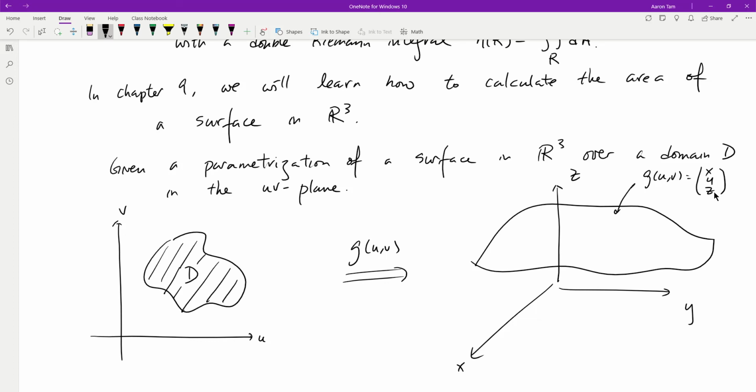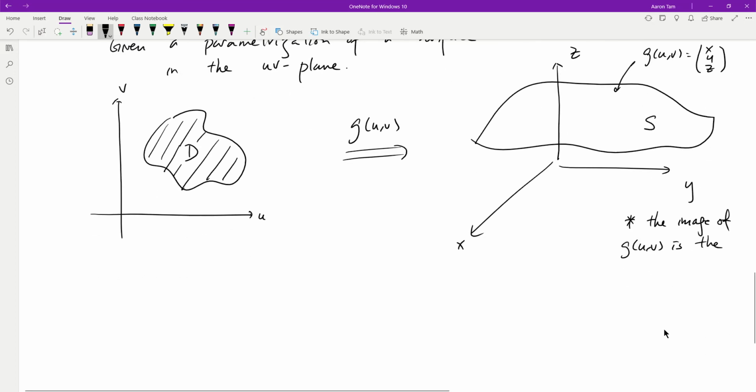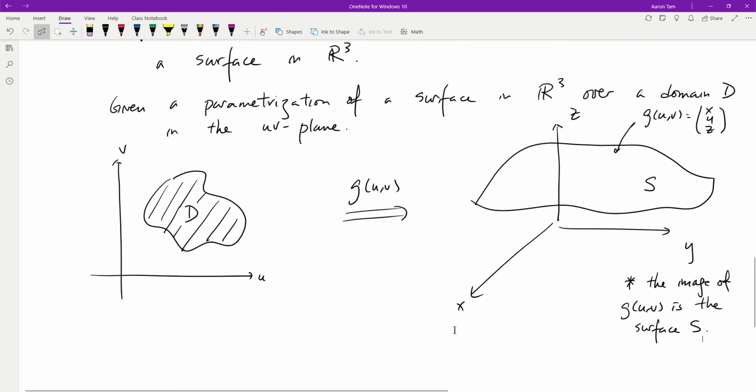So now the question is, if I want to find the area of the surface over here, how do we calculate that? I'm going to call this surface S, the image of g of uv. So the big question is how to calculate the surface area of S.